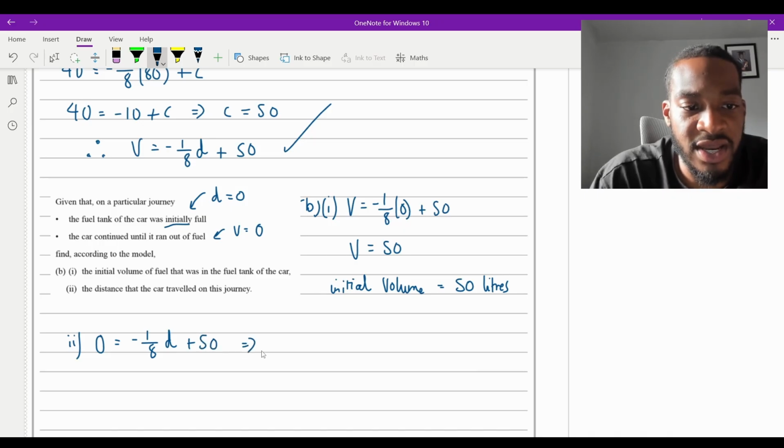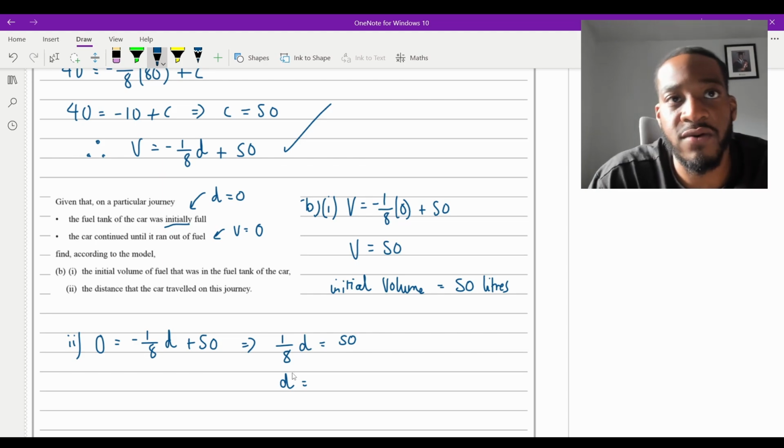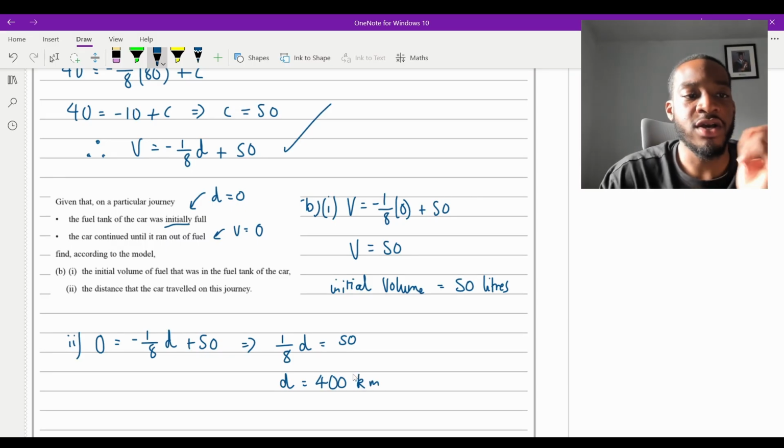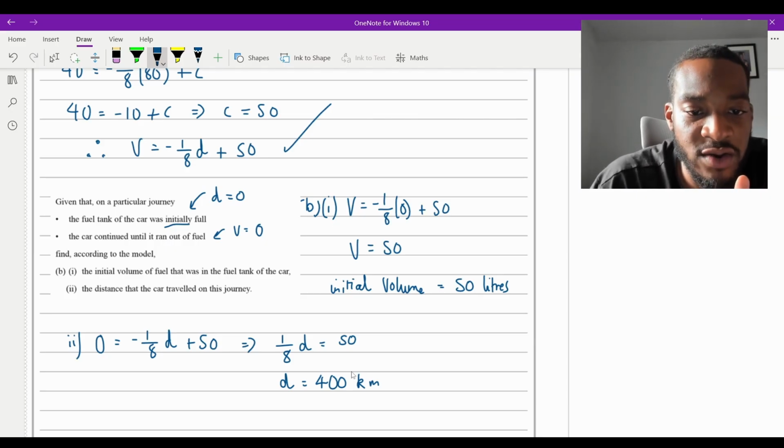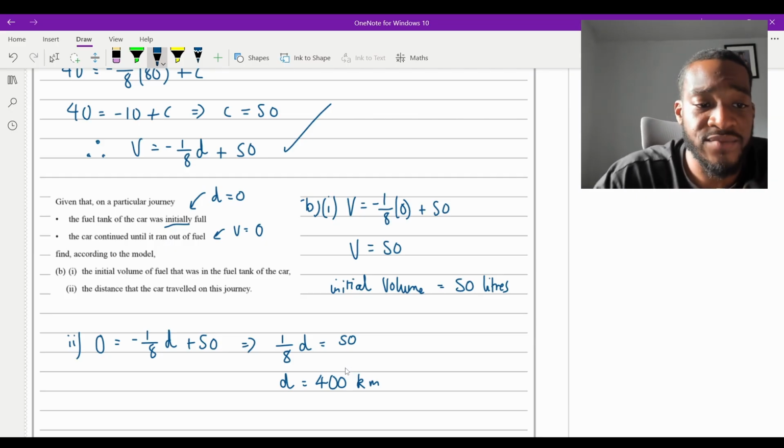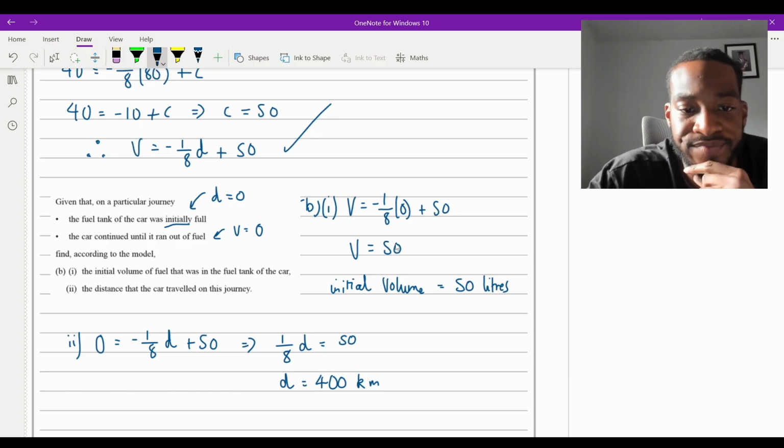Tidying this up, an eighth D is equal to 50. Times both sides by 8. 50 times 8 will be 400, isn't it? So it'll be 400 kilometers. So that must be how far the car traveled until it ran out of fuel. So that is done. That is part B, I and double I.